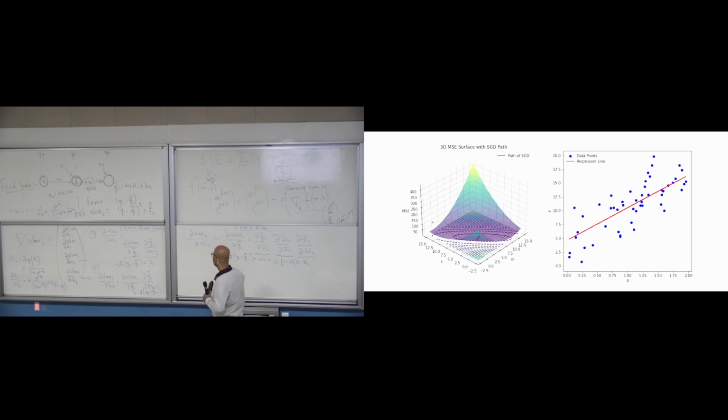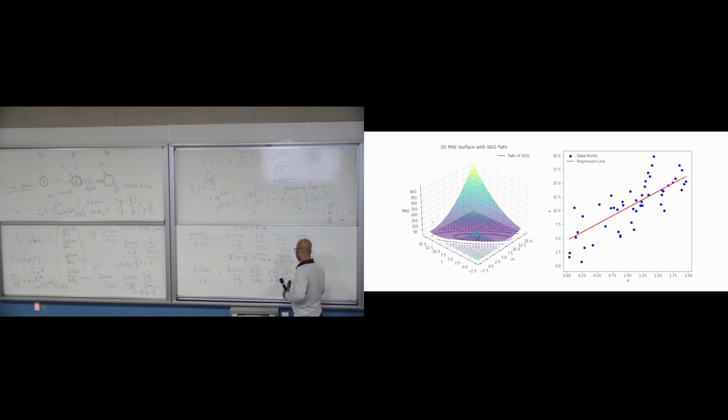Now I'm left with d loss i db1. That shouldn't be that difficult. It is exactly this. d loss i dyi hat, dyi hat dhi, dhi dzi, dzi db1.